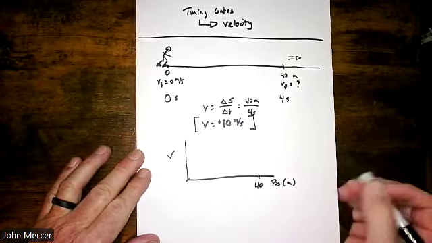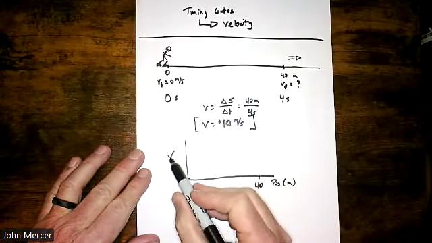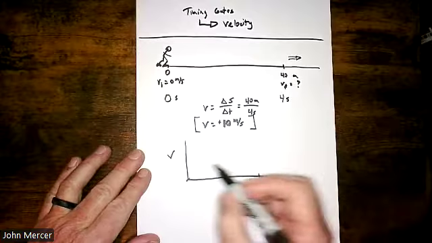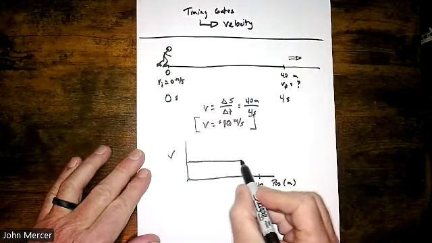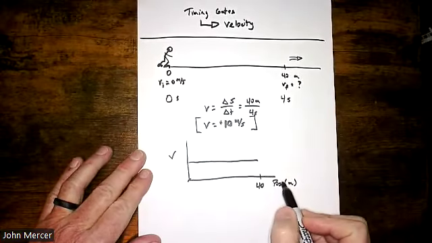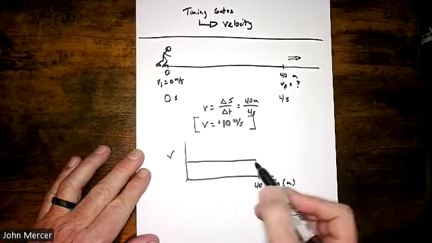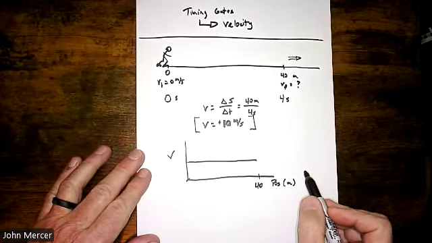So how do we represent that here? Well, here's 40 meters, here's velocity, and all we can say is the person ran at 10 meters per second overall to complete this 40-meter sprint. That's all we can say. That's the sophisticated nature of this plot.